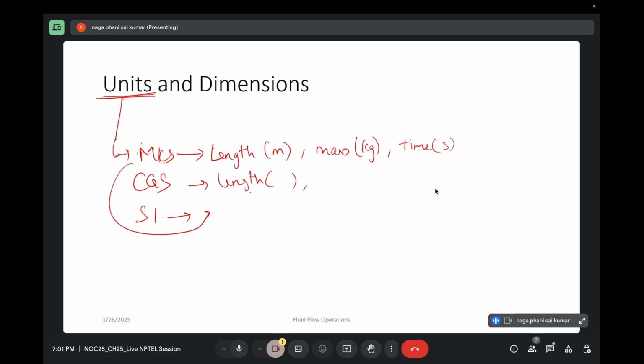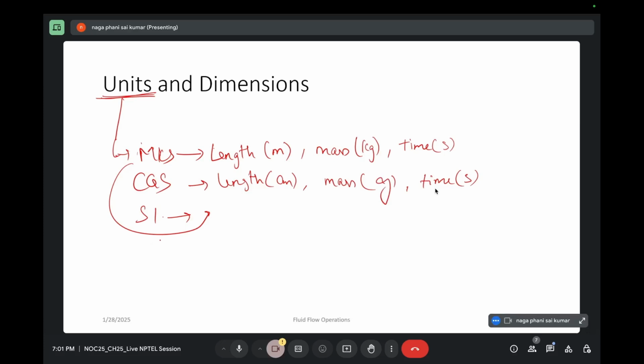what are the units for length in CGS system? I hope all of you know about CGS and base systems. Centimeter, gram, second.